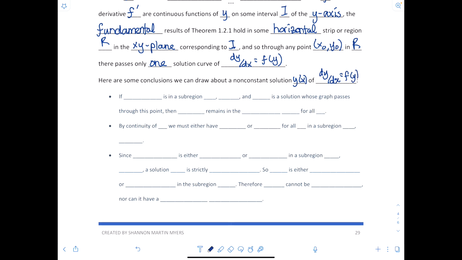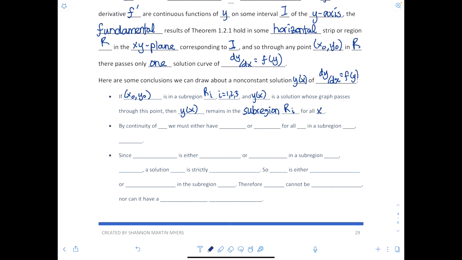If x0, y0 is in a subregion R sub i for i equal to 1, 2, and 3, and y at x is a solution whose graph passes through this point, then y at x remains in the subregion R sub i for all x.